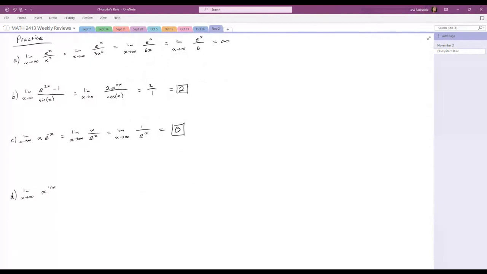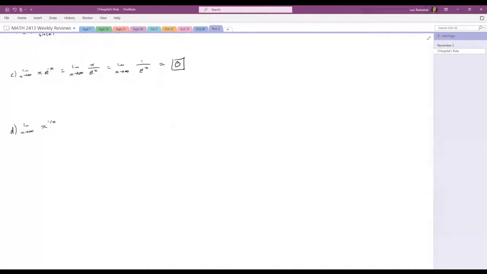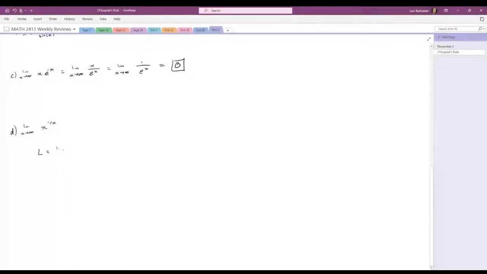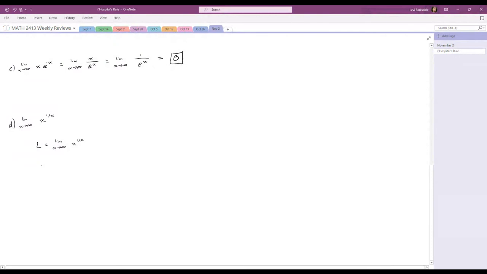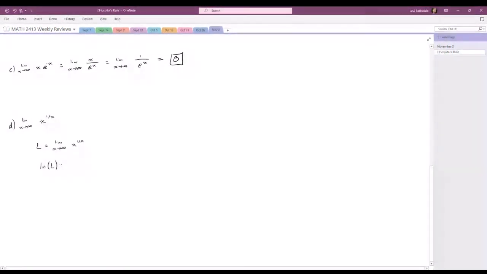This last one is fun. So what I'm going to do is say that the limit as x goes to infinity of x to the 1 over x is some number L. And now I'm going to take the natural log of both sides.